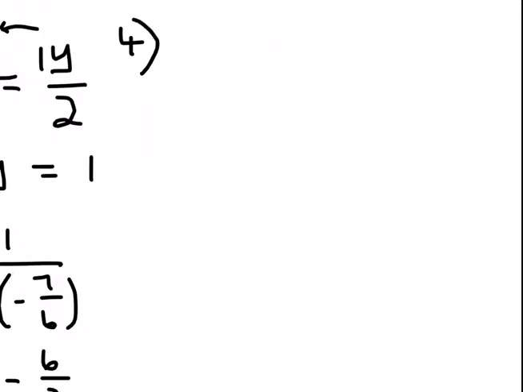Maybe after this I'll do one more, and I think you should be in a good position to attempt similar problems. Maybe here, let's say we have negative q, we minus it by 3, and then let's say here we have 1 over 3 q.